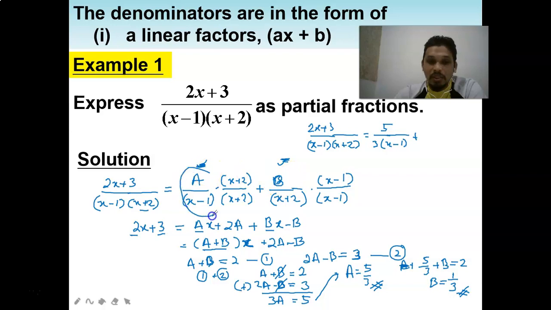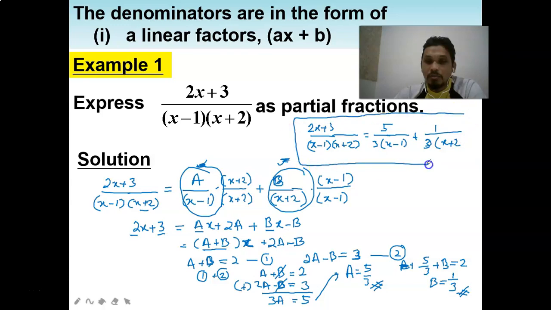Okay, we take this one only, plus b, which is 1 over 3, over x plus 2. This is the answer then here. Okay, with the value of a as 5 over 3 and b as 1 over 3, and we refer to this one here now, then this is the final answer.